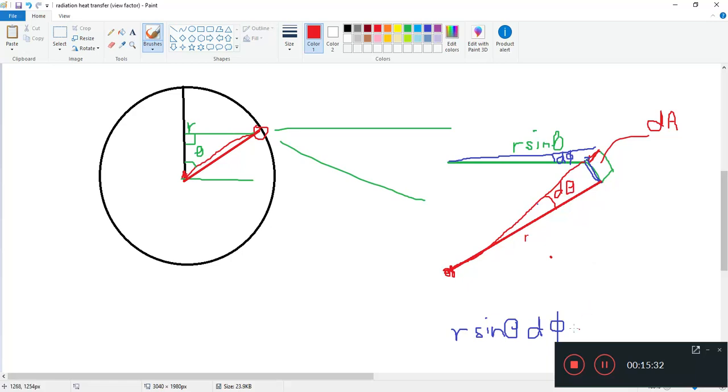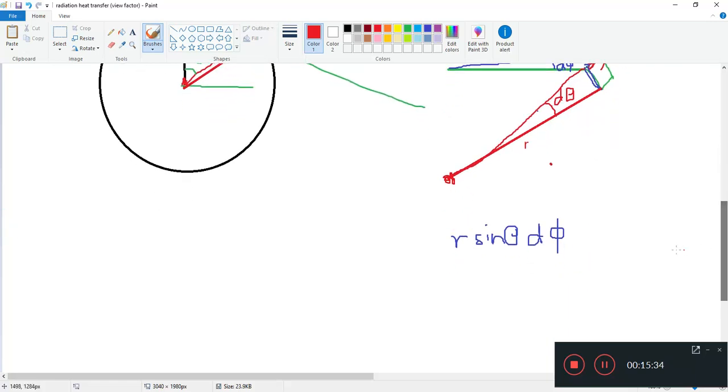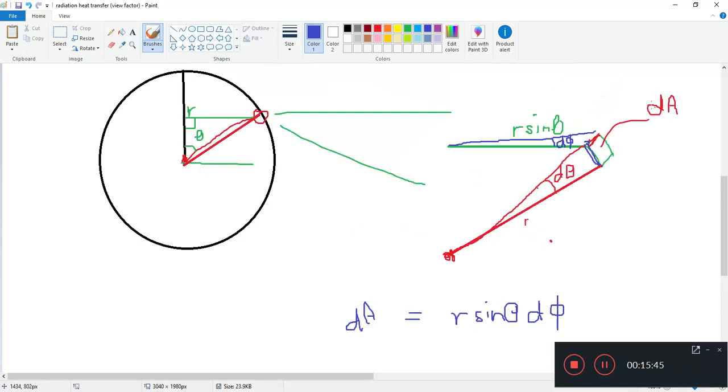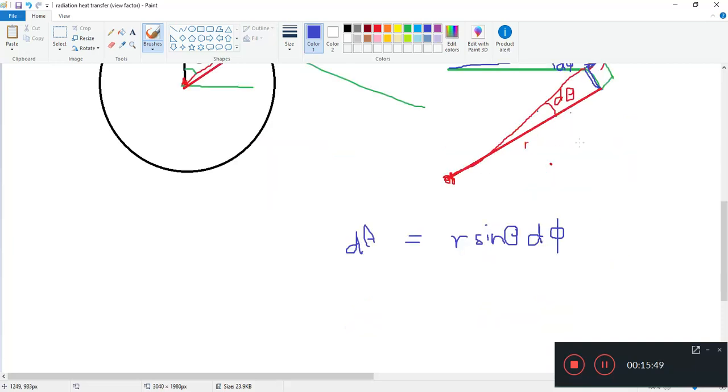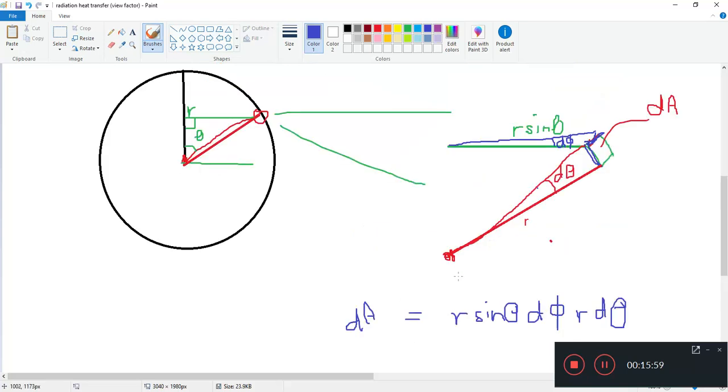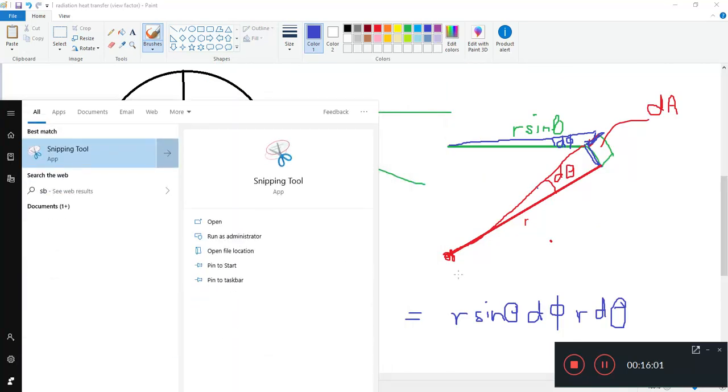So the total dA equals r sine theta d phi, which is this length here, multiplied by r d theta.